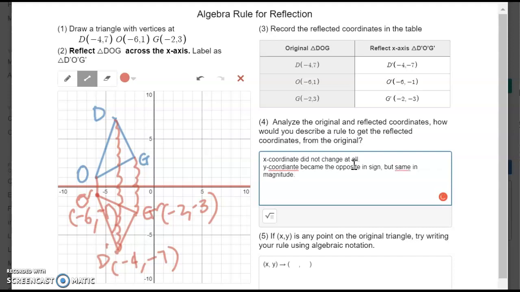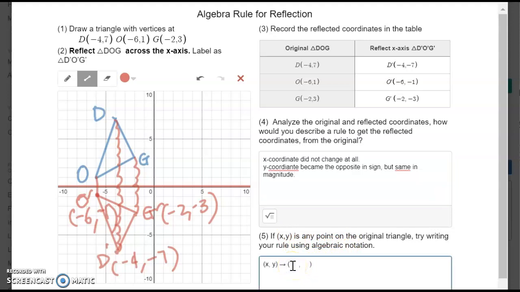Okay, so the 7 to -7, the magnitude is the same, but from positive to negative, it changed to opposite sign. So if (x, y) is a point on the original triangle, try writing your rule using the algebraic notation.